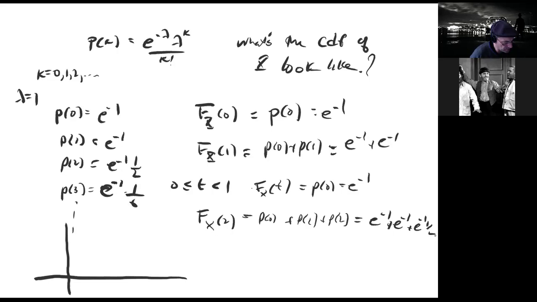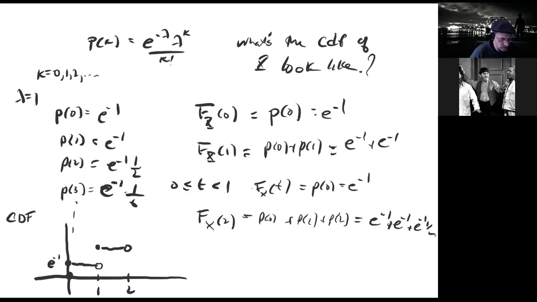So what I'm trying to say here is that the graph of the CDF, the cumulative distribution function in this case, looks like the following. You get e to the minus 1, and then between 0 and 1, but not including 1, it's constant. At 1, it jumps to e to the minus 1 plus e to the minus 1. This would be constant until you get to 2.